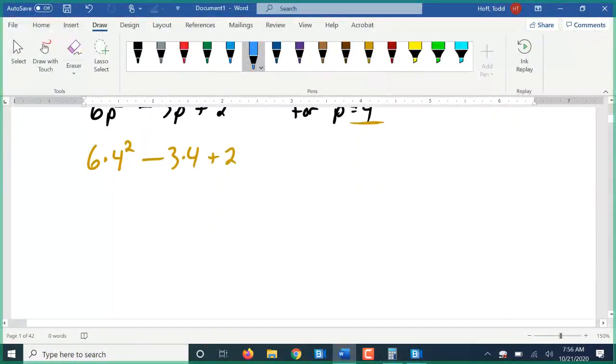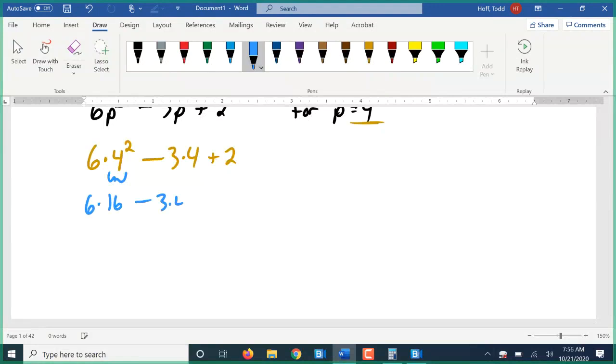And now it's order of operations again. We have the 4 squared, which is 16. We have the 6 times 16, which is 96. The 3 times 4, which is 12.